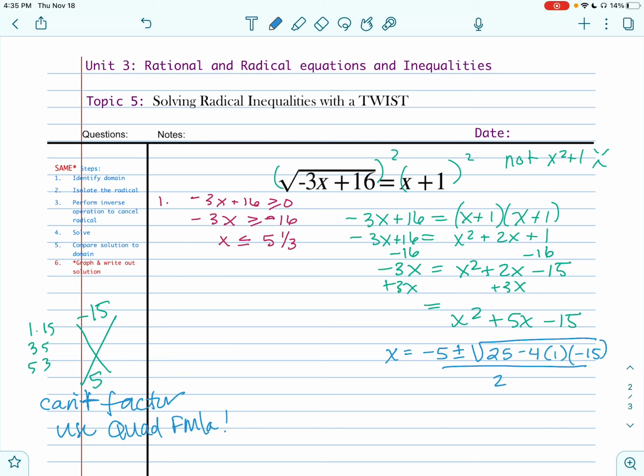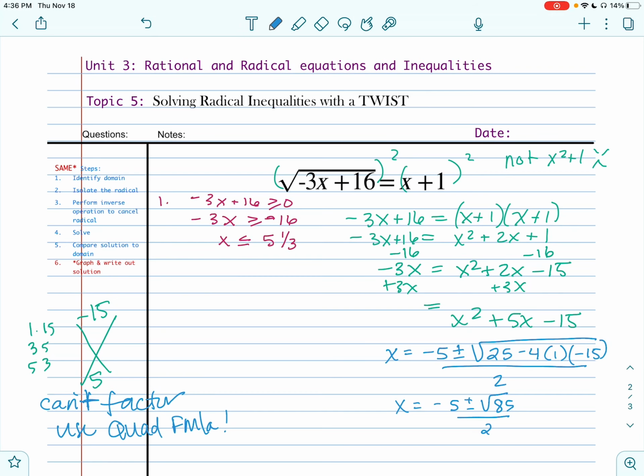All right, so negative 4 times negative 15 is positive 60. So 60 plus 25 is 85. So at least I was right about that. We can't factor. Okay, so plus or minus the square root of 85 over 2. And I'm not sure if 85 has a perfect square in it.